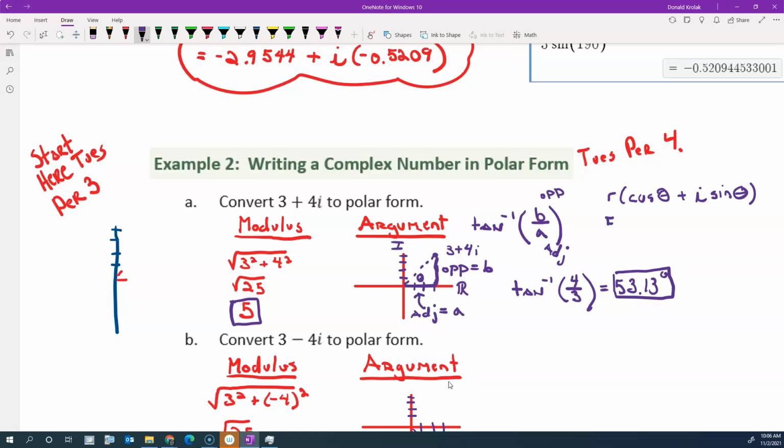So this is going to be 5 cosine 53.13 plus I sine 53.13. And there's your solution.